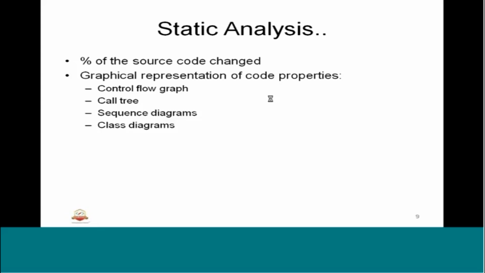Basically, the representation could have the following four types of reports, such as the control flow graph. We will study this later. The control flow graph shows how the control of the program is going to be executed. The next one is the call tree. That means what are the total number of functionalities, how the procedures are getting invoked, and who is invoking them.